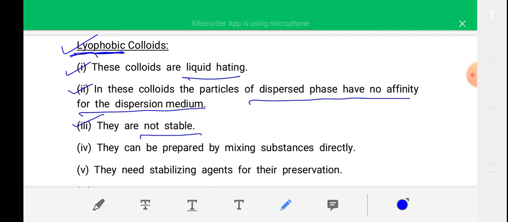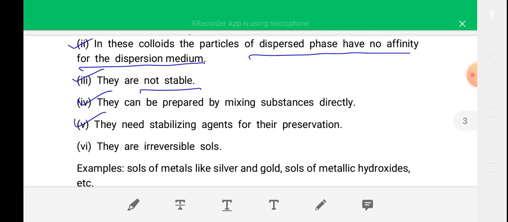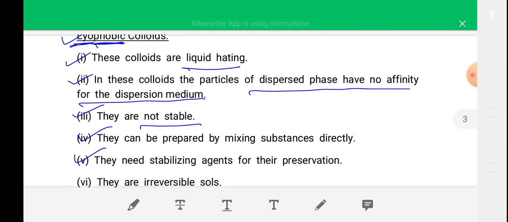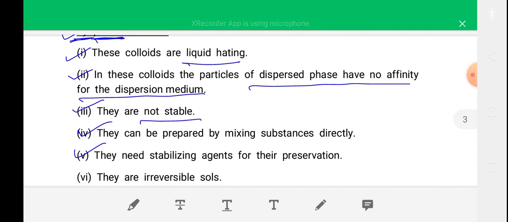They can be prepared by mixing the substance directly, and they require a stabilizing agent for their preservation. They are irreversible sols. Sol means colloid. Lyophobic colloids are irreversible sols.